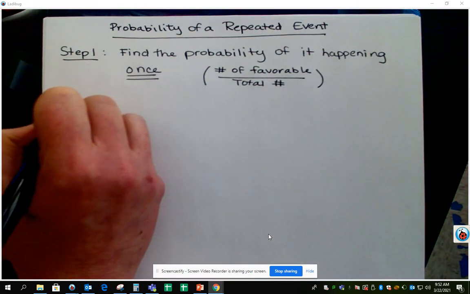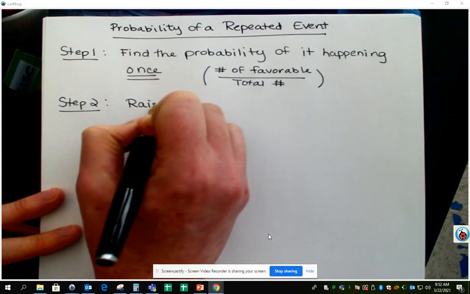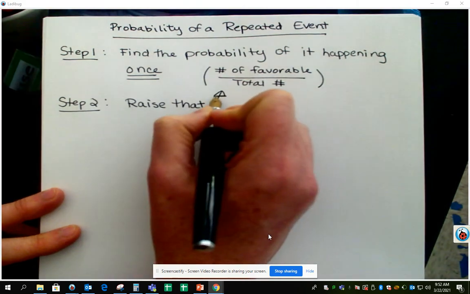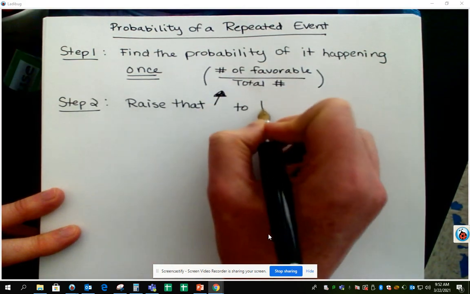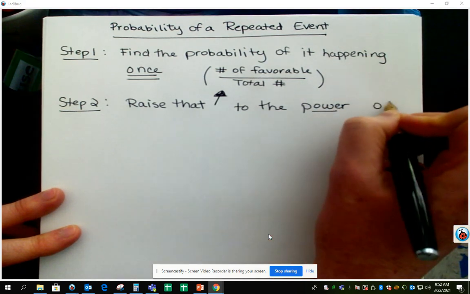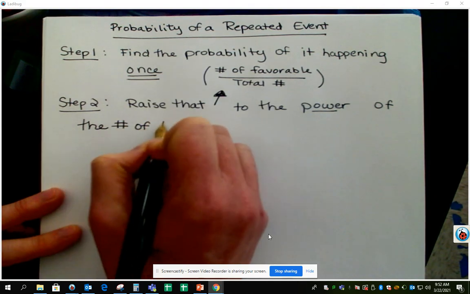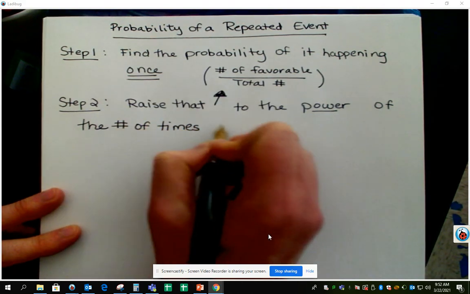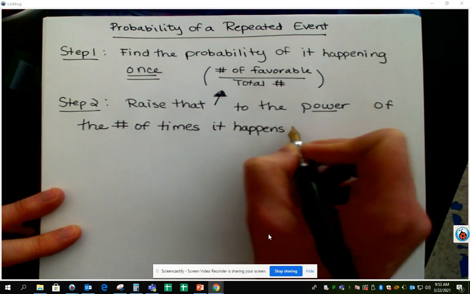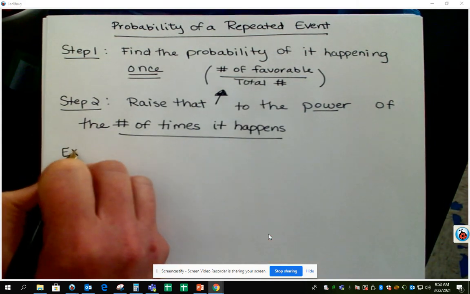Step two is going to raise that probability, what you found in step one, to the power of the number of times it happens, or repeats. Let's look at an example and we'll see how to apply this.